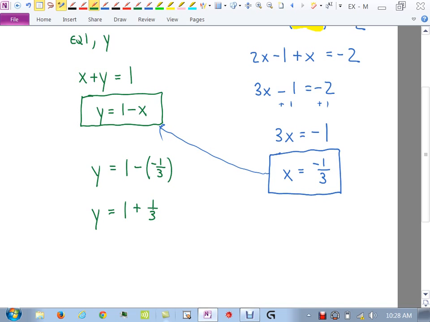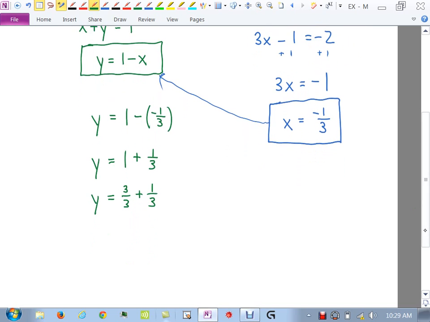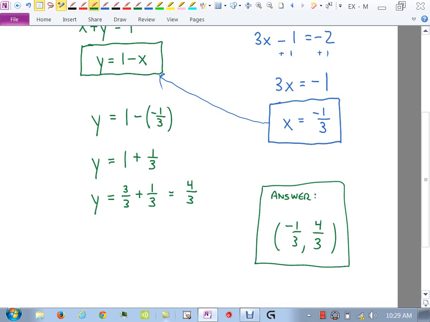And how do you add those two together? Common denominator, right? I change my 1 into 3/3. Now we can add because they have the same denominator, I get 4/3. So my answer, written as an ordered pair, is negative 1/3, 4/3.